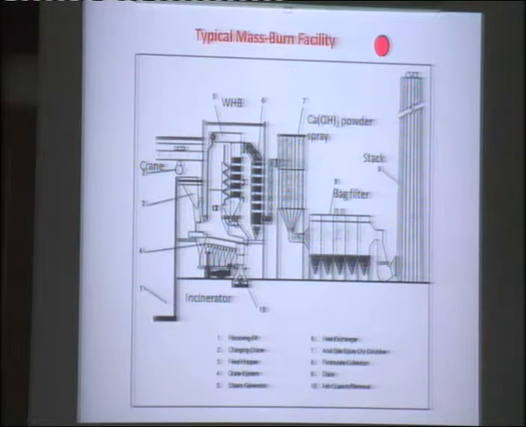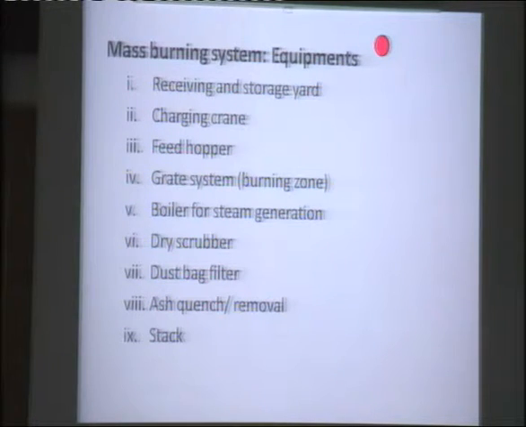The high temperature gas generated will be utilized for generation of steam, which will be utilized for power production in a steam generator. But when you burn the fuel in this particular case, you will have a lot of ash. So the gas is to be treated properly for removal of dust particles before it goes to the atmosphere.